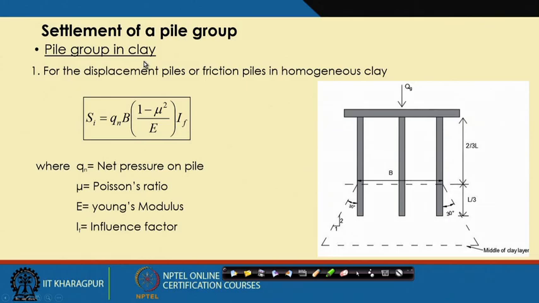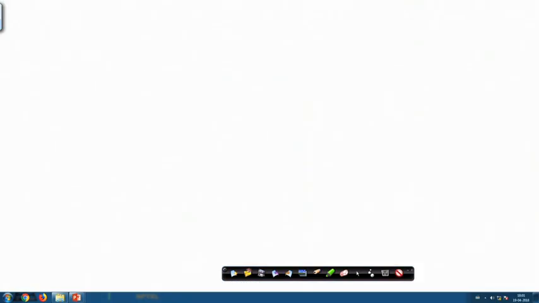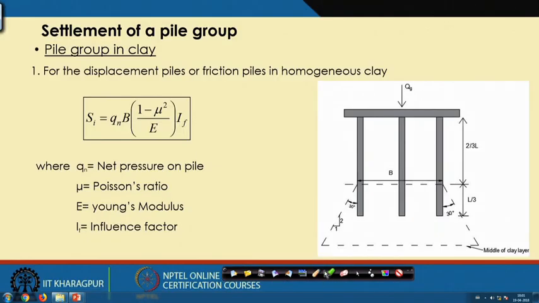That one is your pile is installed and it is in the clay, remember that it is in the clay. So, your pile is installed in a uniform clay. Then it is assumed there is a raft you are placing on the pile.